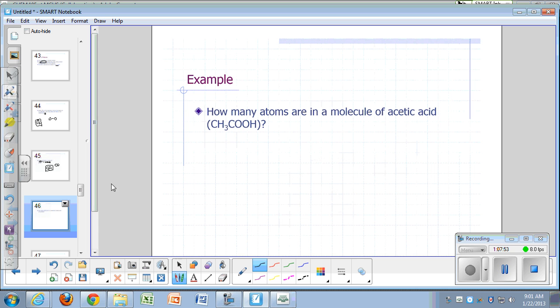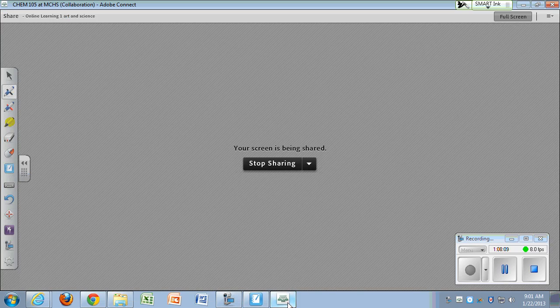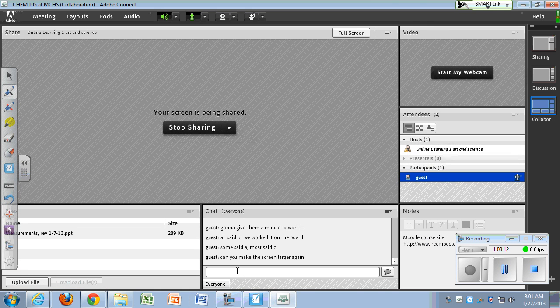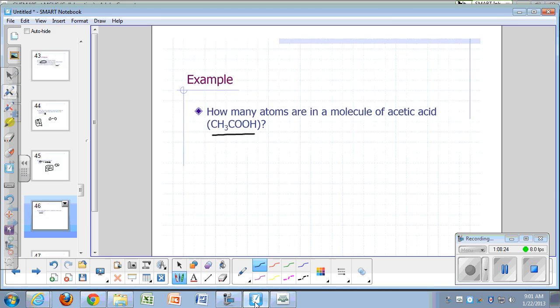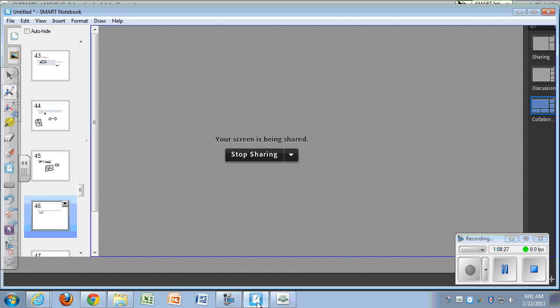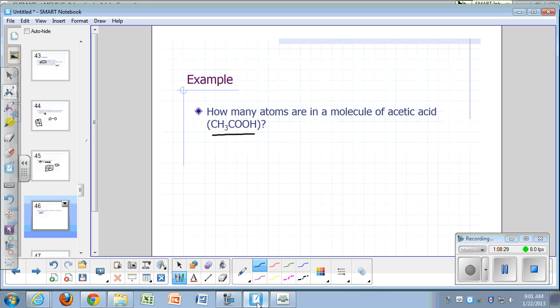Here's another example. How many atoms are in a molecule of acetic acid? The formula for the molecule is CH3COOH. Let me see what the class's answer to that is. How many atoms are in that molecule? 8. Let's see. The subscripts are 1, 3, 1, 1, 1, and 1.